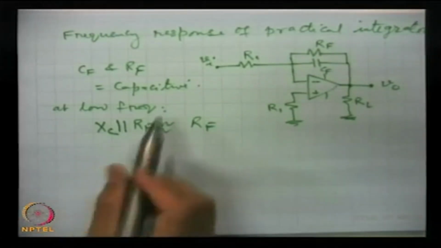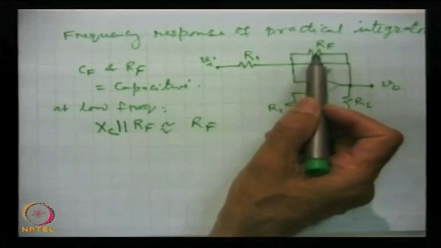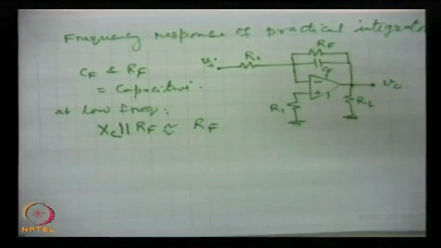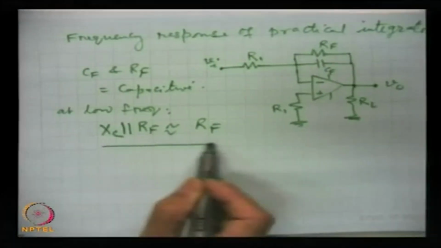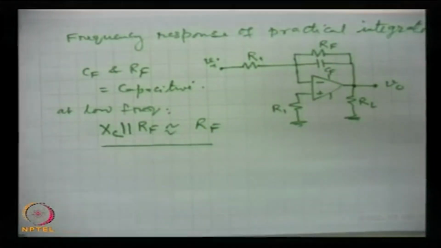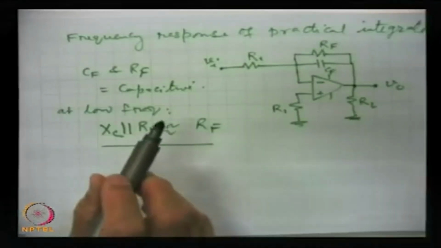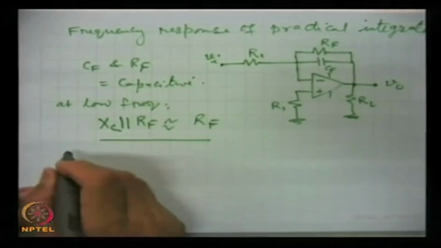So, that means at low frequencies this inclusion of the resistance RF limits the lower frequency for integration. That means at very low frequencies where this condition is satisfied, the output will not be the true integration of the input.